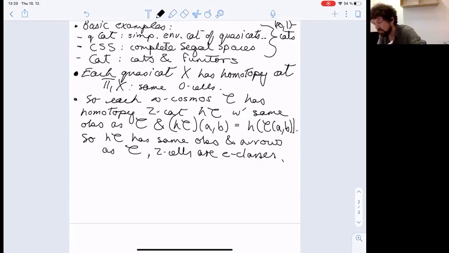The cool thing about this is that it means we can import lots of 2-category theory to study these infinity cosmoi.